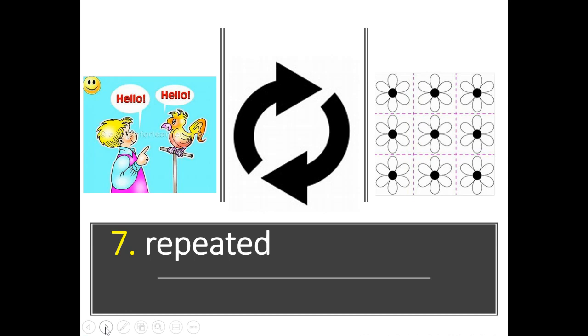Repeated means it happened already in the past, just like the parrot repeated what the woman said, or the pattern repeated itself, or the arrows repeated. So things kept going around and around. Repeated means did or said it again, duplicated or redone.